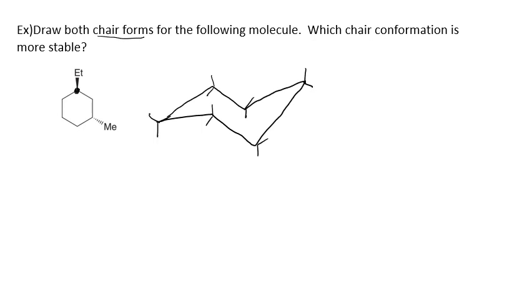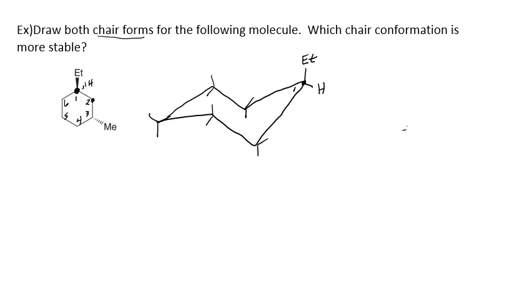Let's call the ethyl carbon 1, then 2, 3, 4, 5, 6. We can start here with carbon 1. It's just a matter of preference. The ethyl is a wedge, so that means it's on the top face of the ring. And I've got a hydrogen there too, so I can put my hydrogen in.